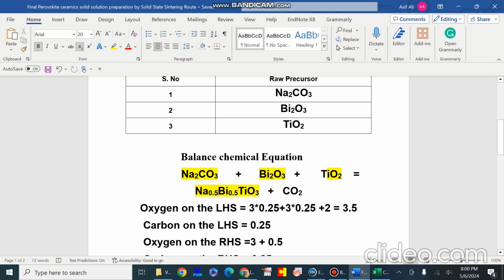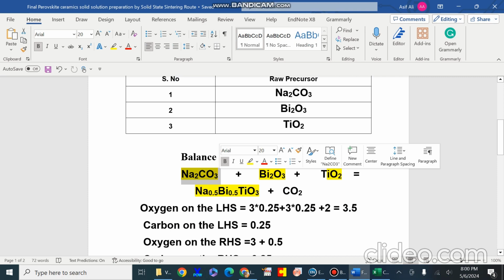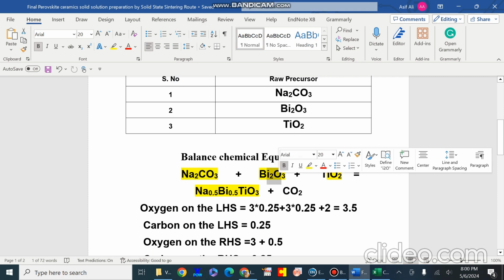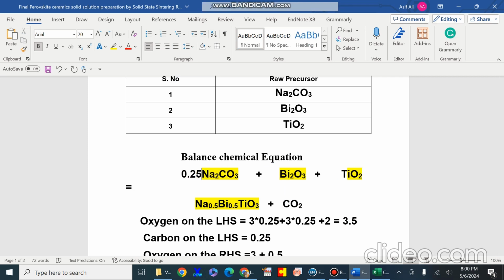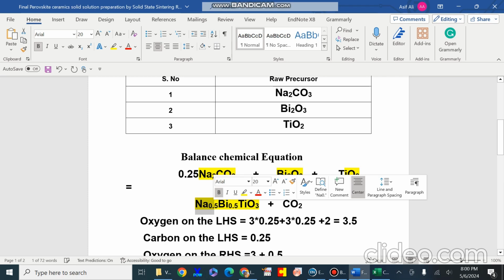However, in the raw material we have sodium carbonate, bismuth oxide, and TiO2. In order to balance, we need to put something here to make it 0.5. If we put 0.25 here, it will equal 0.5, because 0.25 multiplied by 2 gives 0.5.